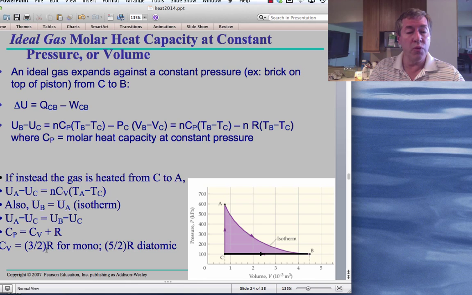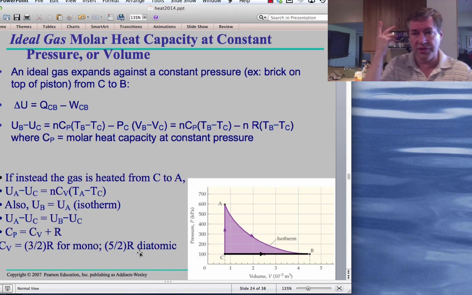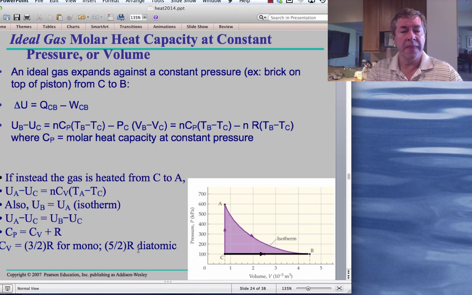Now, what is the volume heat capacity for an ideal gas? I just told you earlier what it was for a monatomic gas: 3/2 times R. So 3/2 times R plus R. If the pressure were held constant, that would be 5/2 R. Now, there's an additional degree of freedom I just mentioned when you have a diatomic gas, such as the gas in this room.